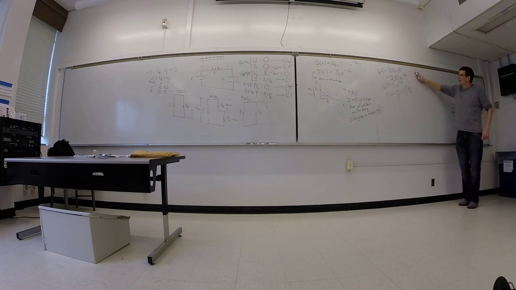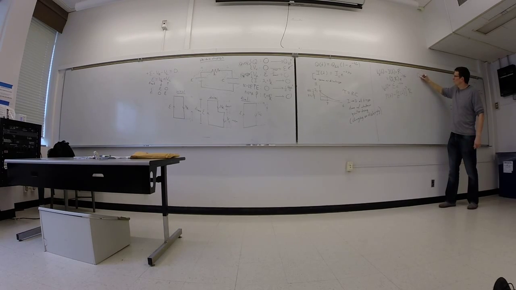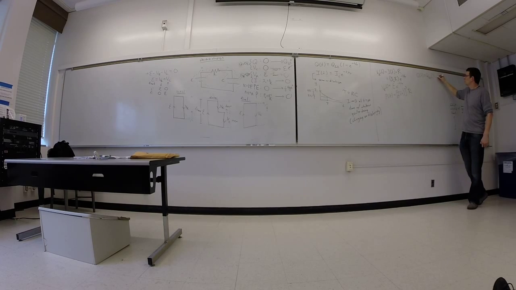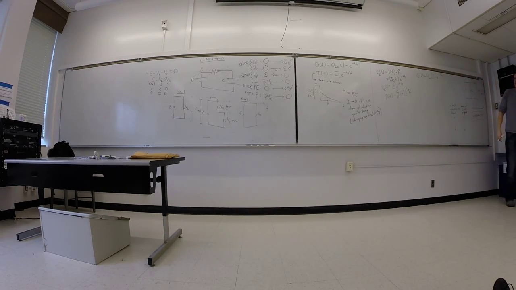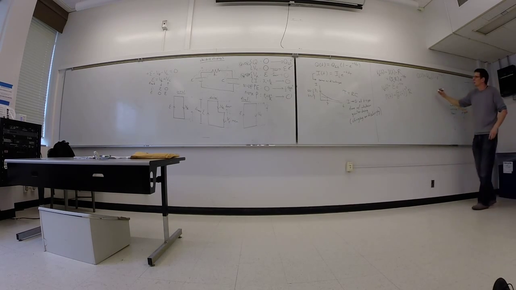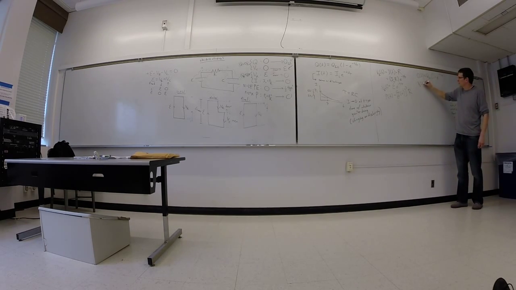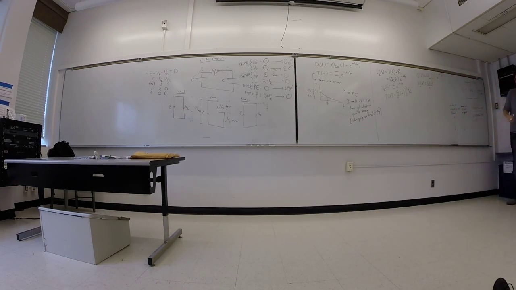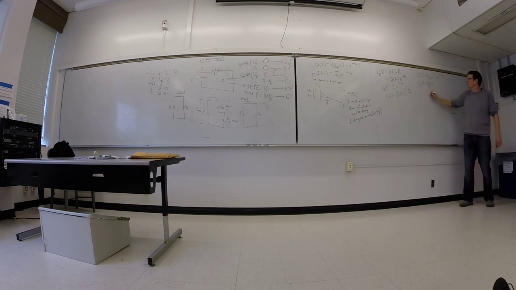So let me do that real quick. Here's your function for the charge that was given. The voltage drop across the capacitor I can get from it. Remember, they're related by the capacitance. So that's going to look like this.